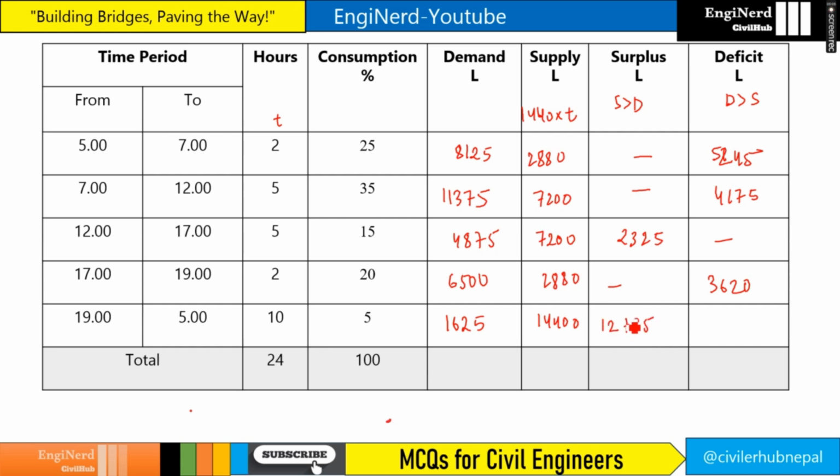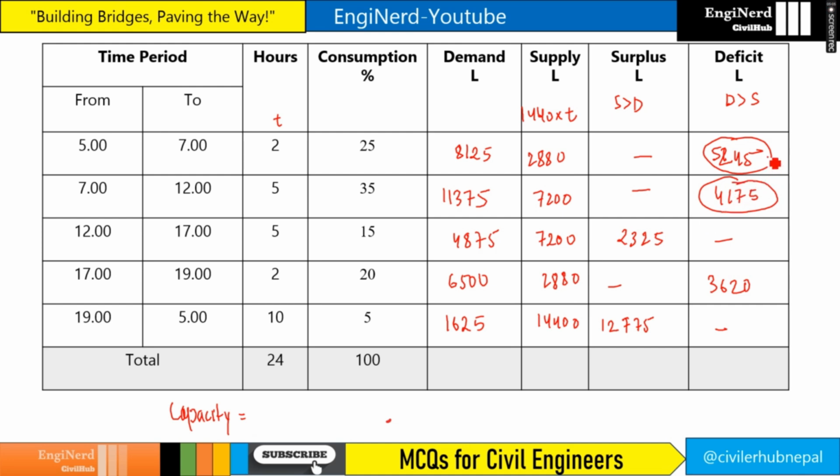So 12775. Now for the capacity to be calculated. Capacity equals to, if you see here, for the capacity we need a maximum deficit value, right? So how can we get the maximum deficit? If I add this and this, it will be maximum, right?